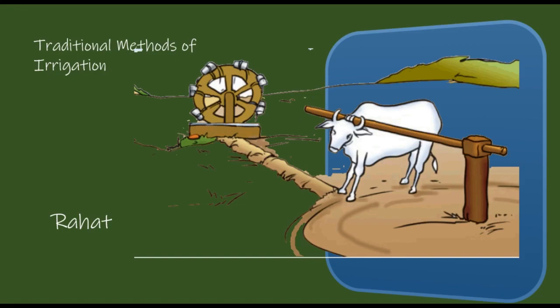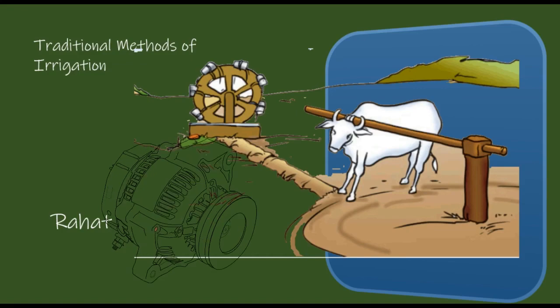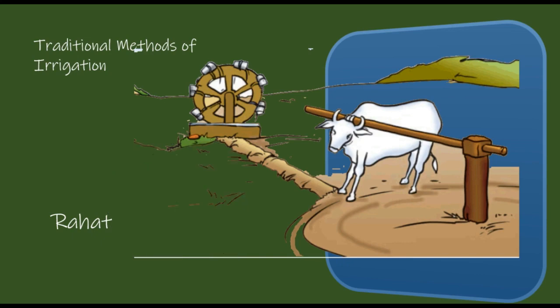But these practices changed once the electric motor was invented, and that has changed the way irrigation is done in the field of agriculture.